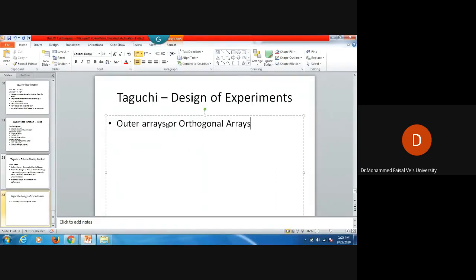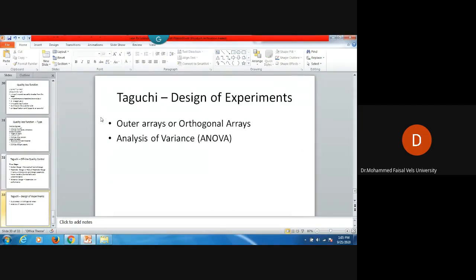More or less similar to what I told you about ANOVA, the concept of analysis of variance, and a traditional design of analysis of variance, where we talk about the design of experiments.